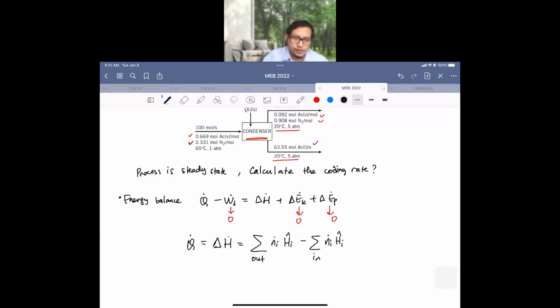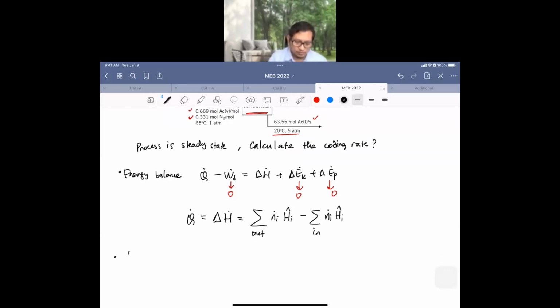And now we can choose the reference state. So the reference states for acetone and nitrogen.